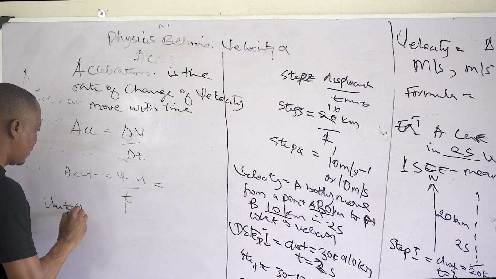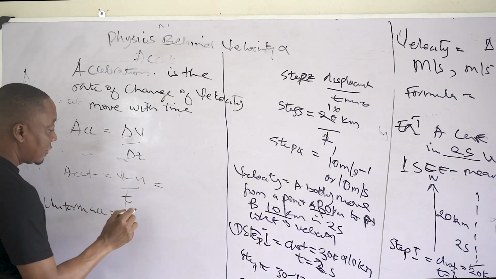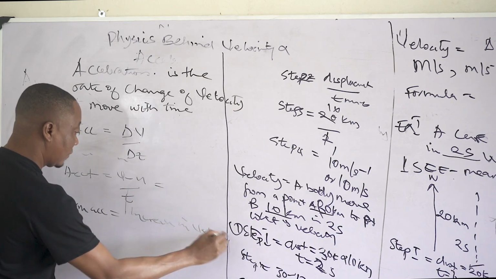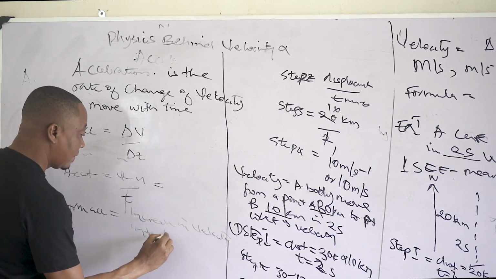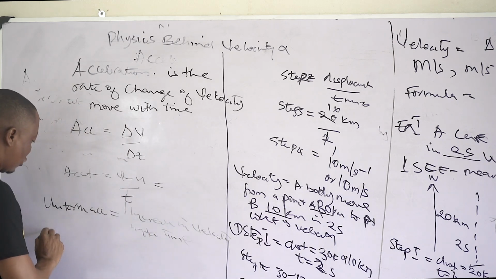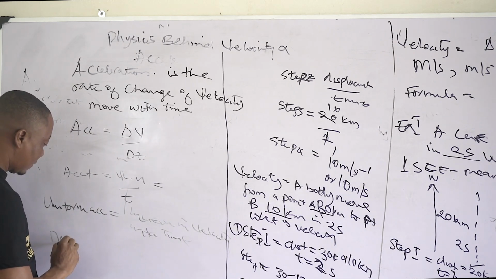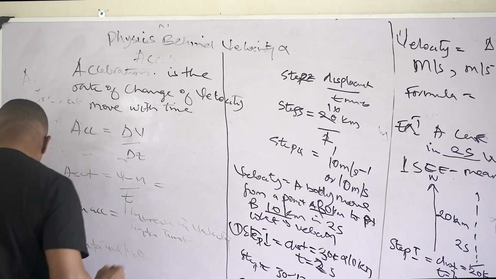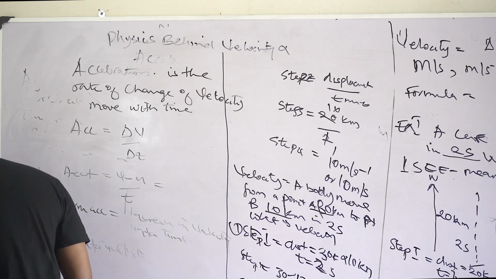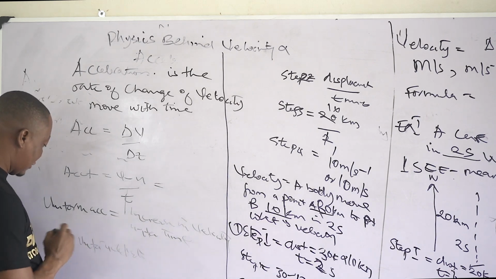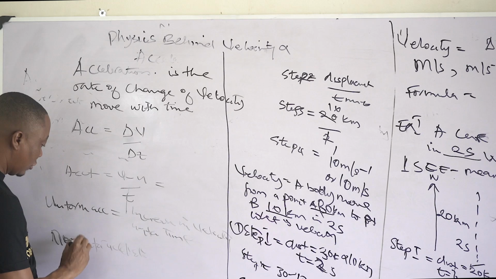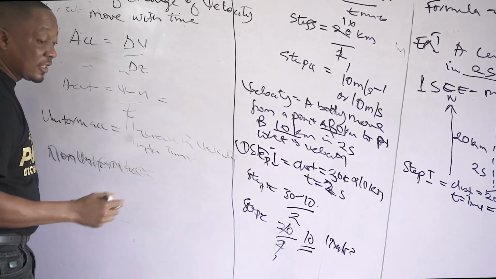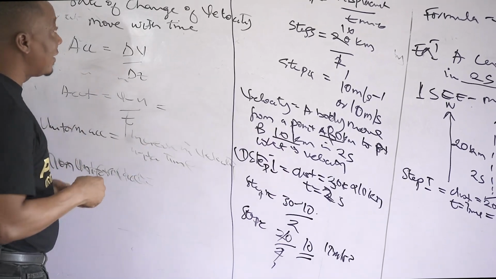Uniform acceleration is increase in velocity with time, while non-uniform acceleration is the decrease in velocity with time.